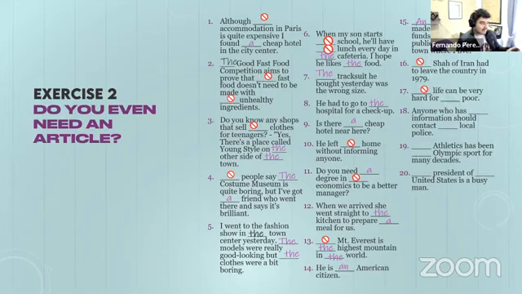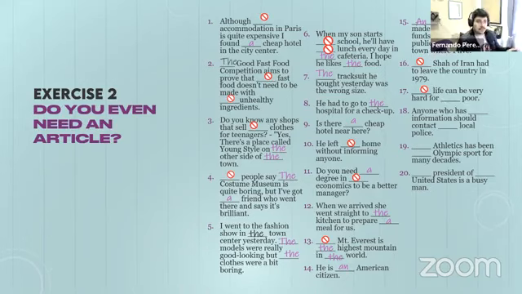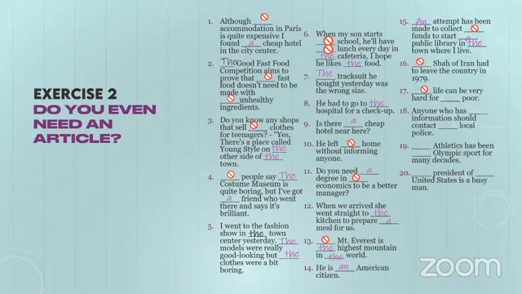The poor. Pronunciation? Poor, because pure is different. Correct.